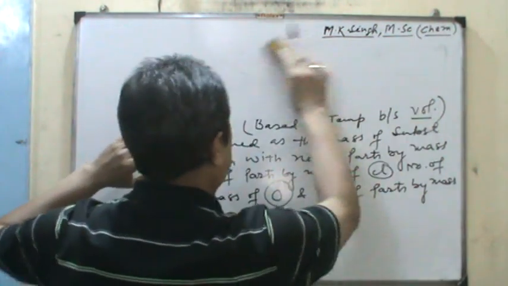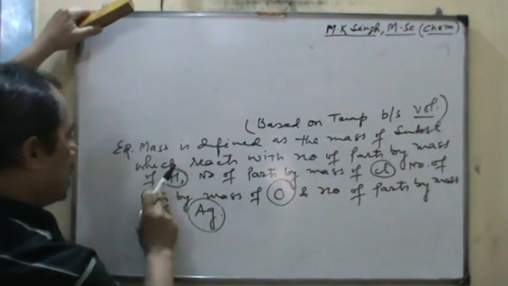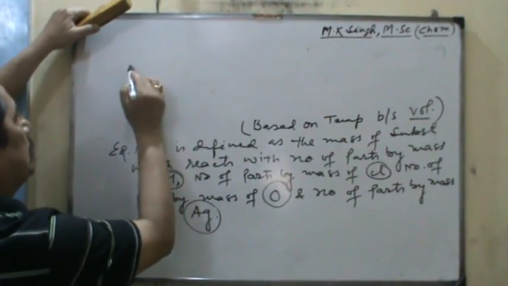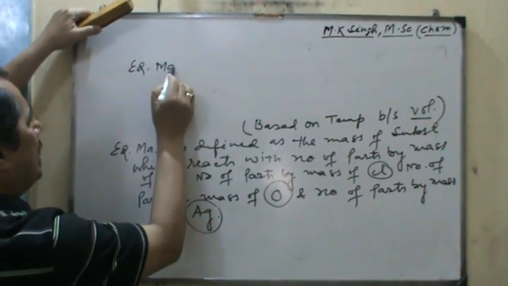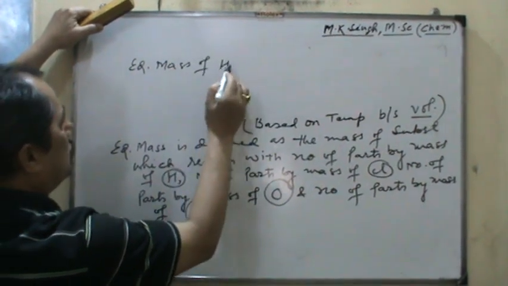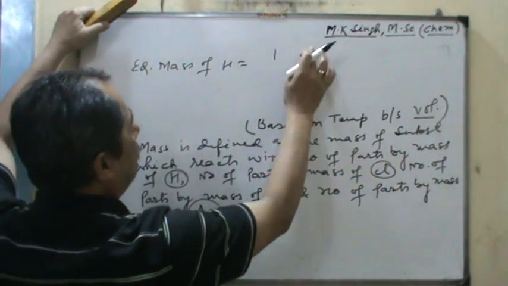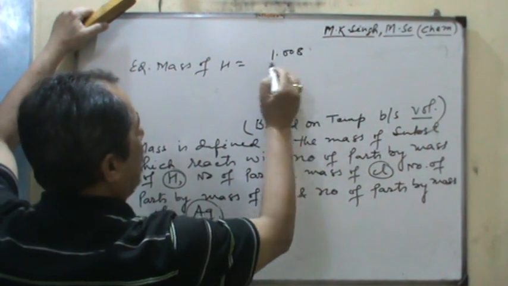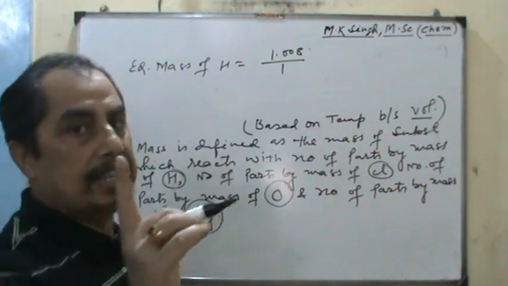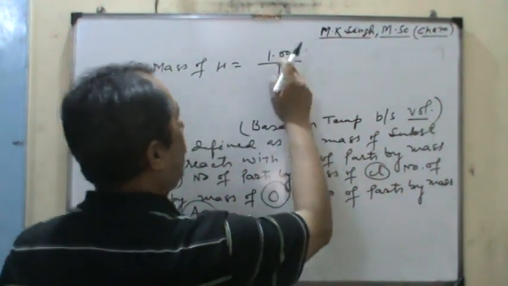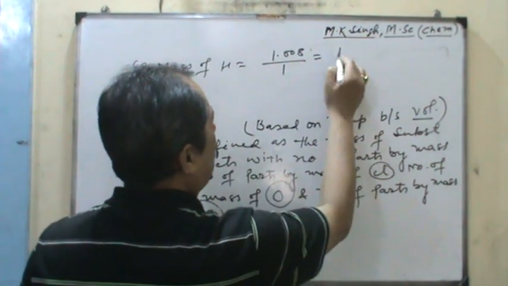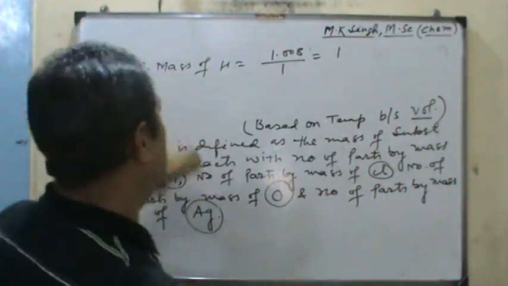So dear students, if I discuss number of parts by mass of hydrogen, so here equivalent mass of hydrogen is equal to 1.008 divided by valency 1. So we can take 1.008 or we can take 1, right?